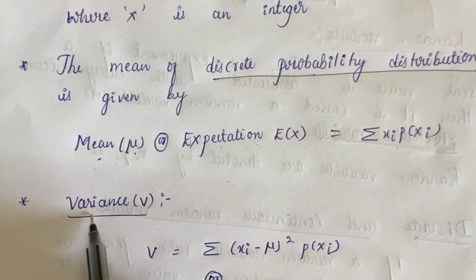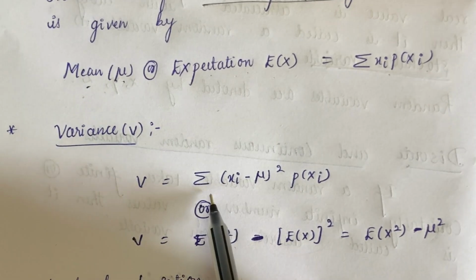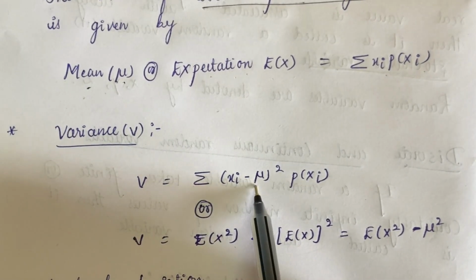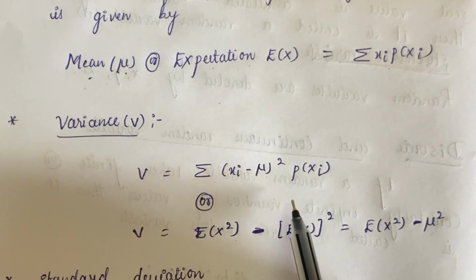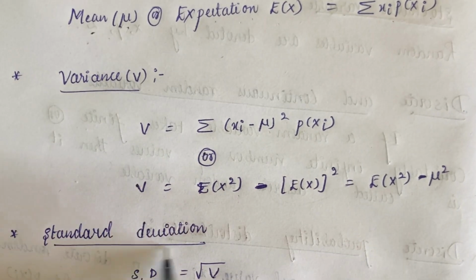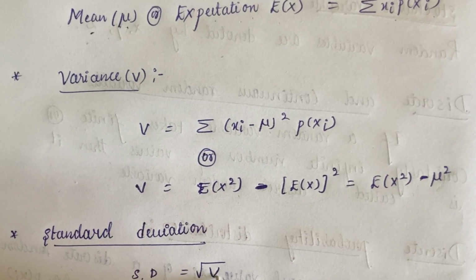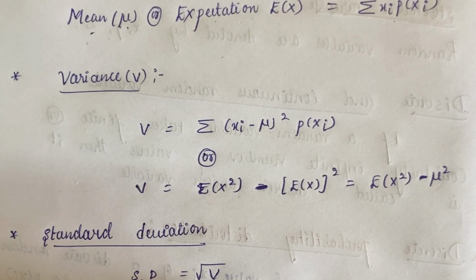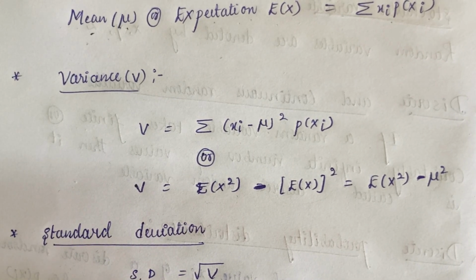Similarly, for finding the variance, we have the formula V equals the summation of (xi minus mu) whole squared times p of xi. For the standard deviation, the standard deviation is equal to the square root of V, that is, the root of the variance.